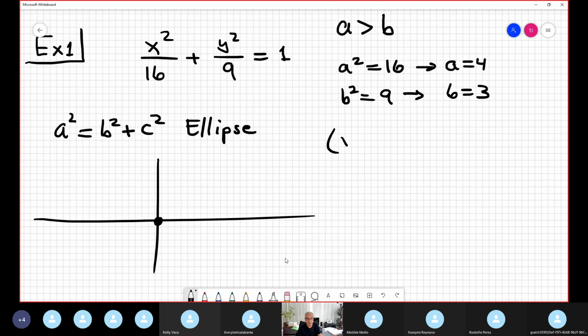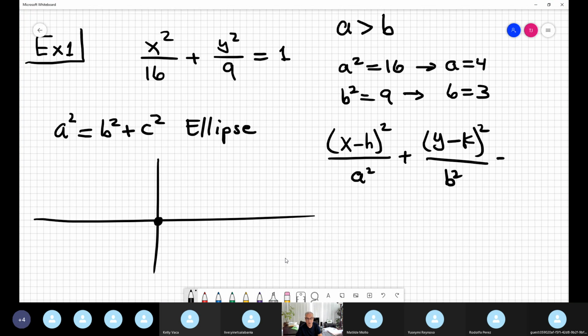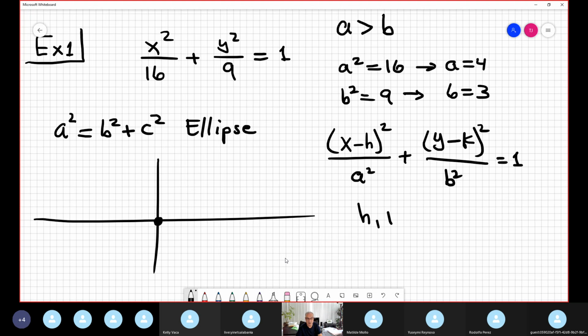The format is different: x minus h squared over a squared plus y minus k squared over b squared equal 1. In this case, I don't see any h and any k. It's 0. Therefore, h comma k represents the center of the ellipse. In this specific elementary example, it's 0,0.